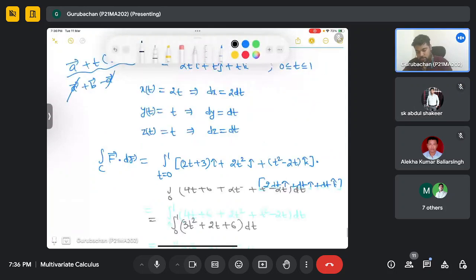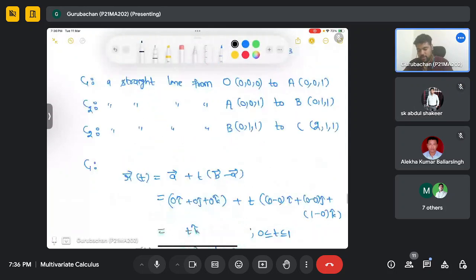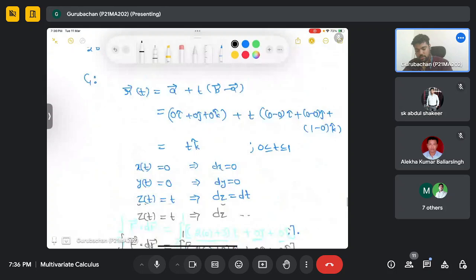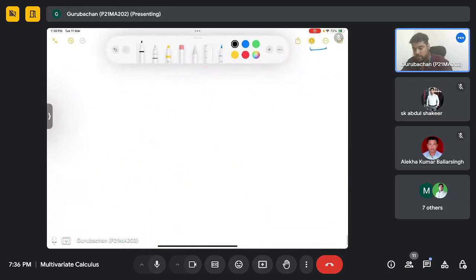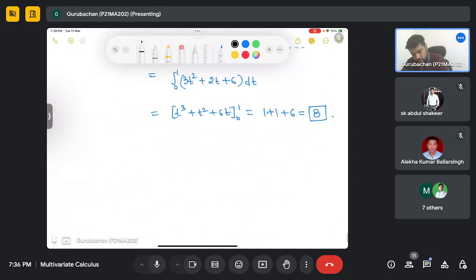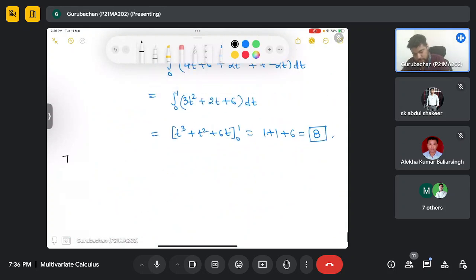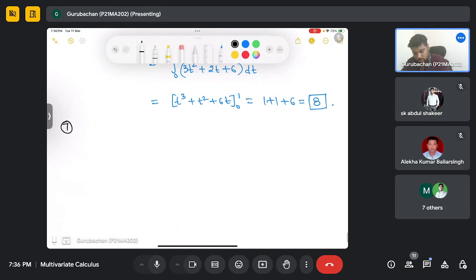So the next question, let me see first of all, this was the sixth one. Now the question number 7. There is another line integral.